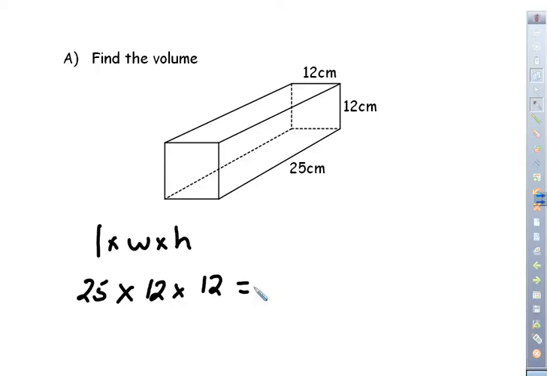So 25 times 12 times another 12 gives me 3,600, and centimeters is the unit of measurement, but as we talked about on the first page, it says cubic, so it is with a 3. That 3 comes from the fact that it is three-dimensional.